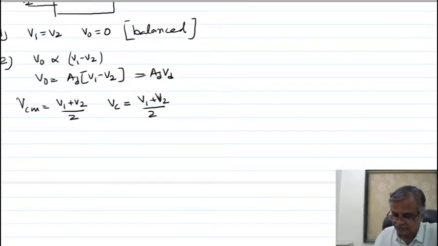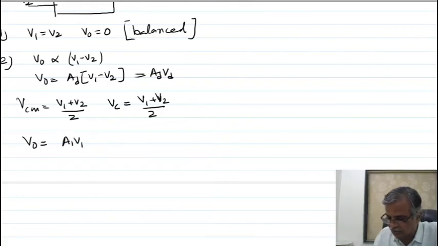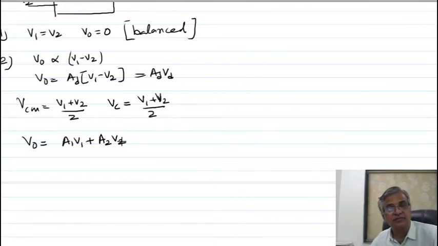Now, for a linear active device, the output is given by a linear combination of the two input signals. So I can write VO is equal to A1 V1 plus A2 V2.